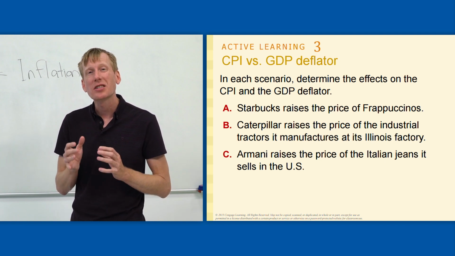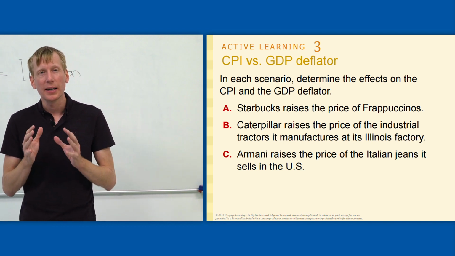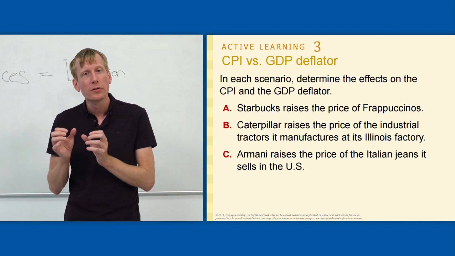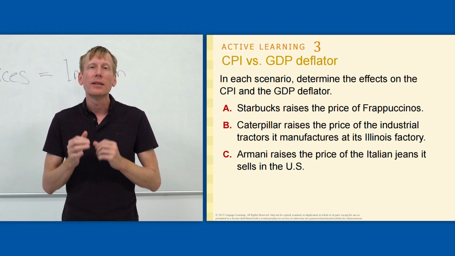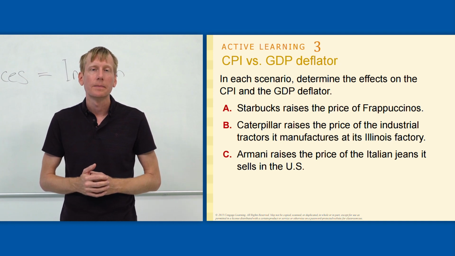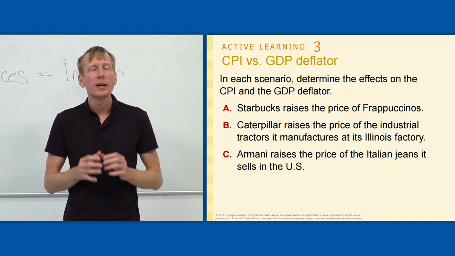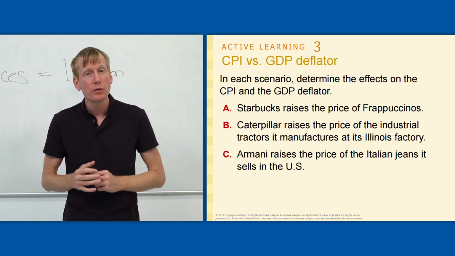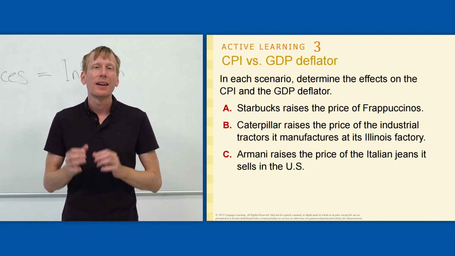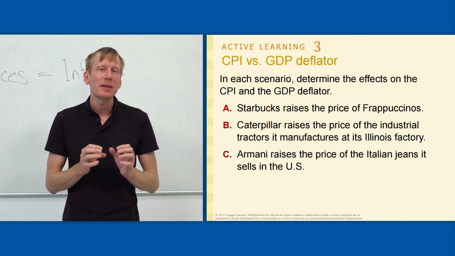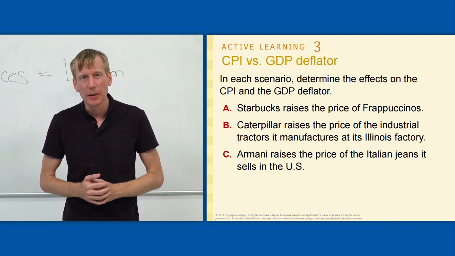Now, industrial tractors which are produced by Caterpillar in Illinois are an investment good. That should be incorporated in GDP because it's produced in the United States. However, it's an investment rather than consumption expenditure.